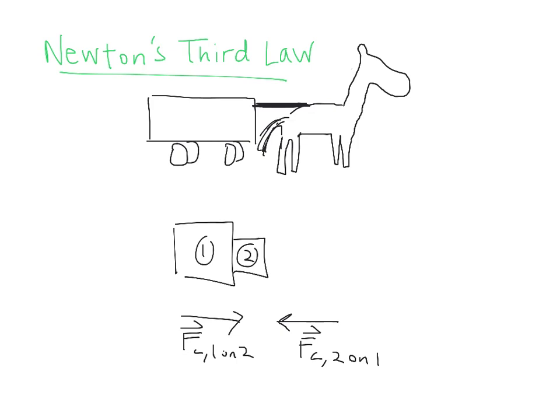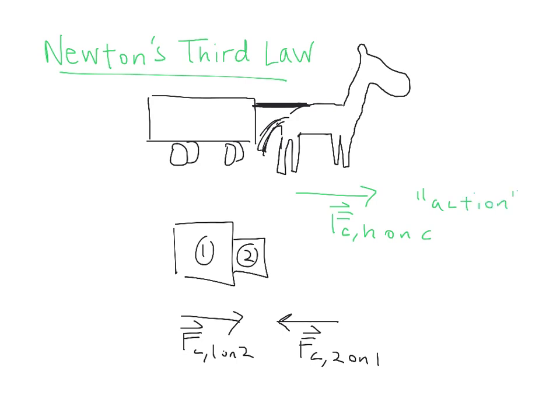So take the example of a horse pulling a cart. So there's a force that the horse exerts on the cart. So if we were to look up here, the force that the horse exerts on the cart, so this again is a contact force of the horse on the cart. If we call that the action force, so we'll label this action.